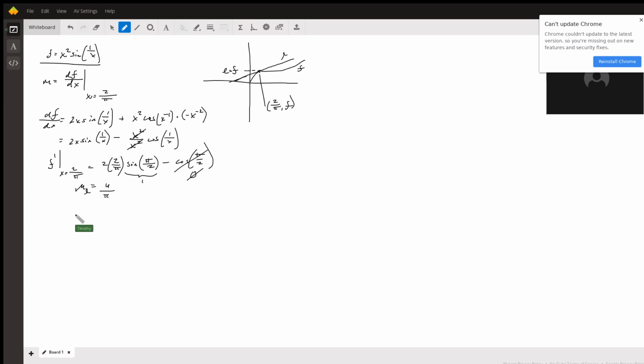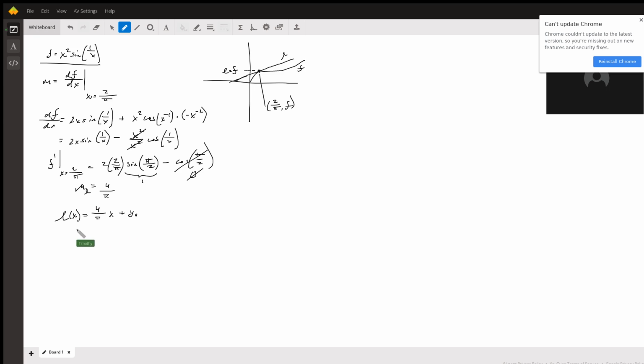Now, L of x is equal to the slope times x plus some y-intercept. Well, we know that the line at 2 over pi must intersect or have a y value equal to the f value.